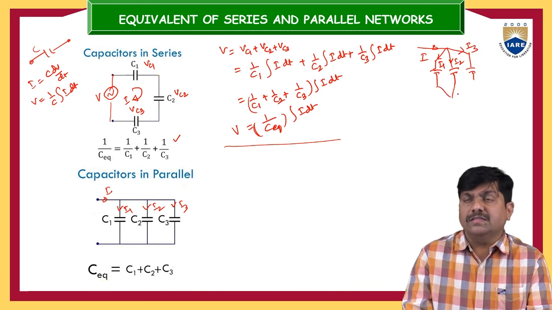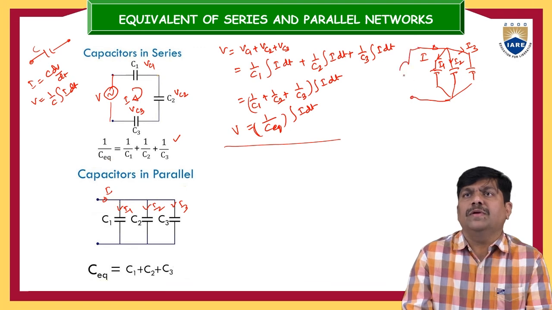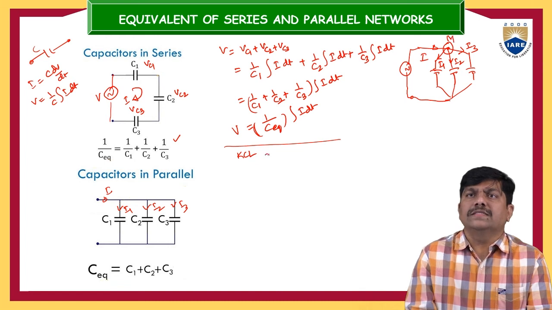All these three are connected here and coming back, and there might be some voltage source. So as per KCL, let us assume this is a node M. At node M, incoming current I is equal to outgoing currents I1 plus I2 plus I3.